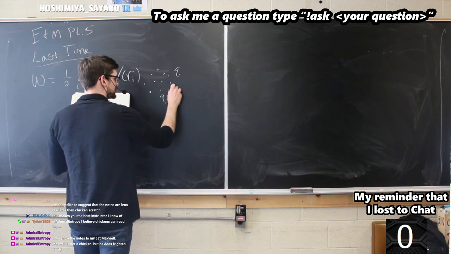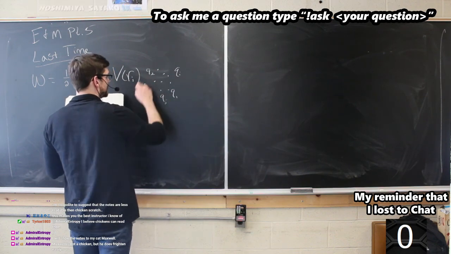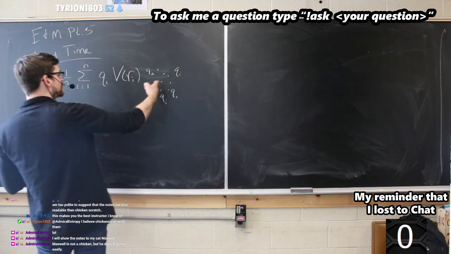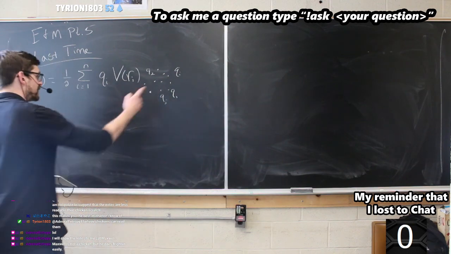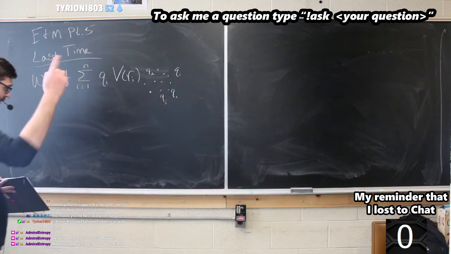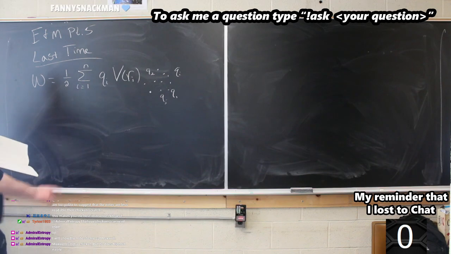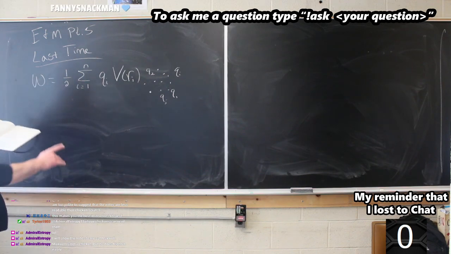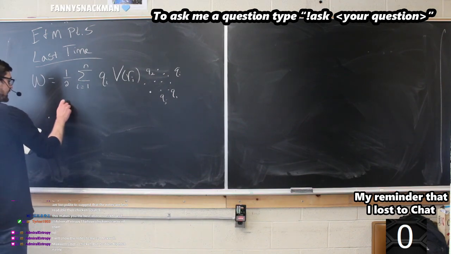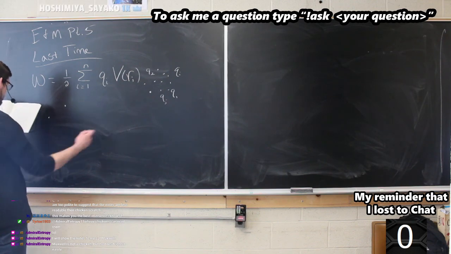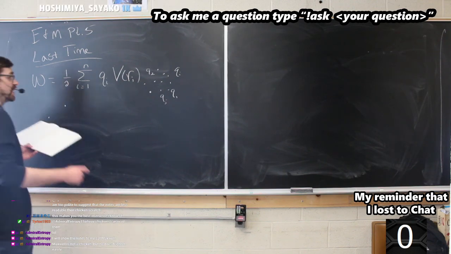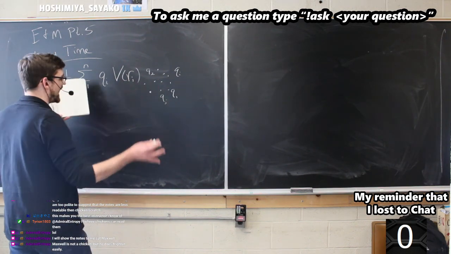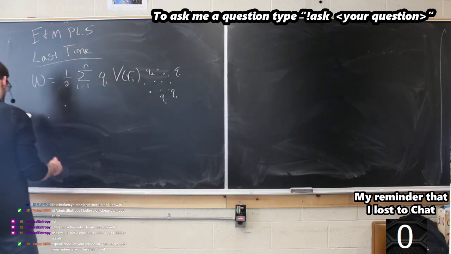If you had a bunch of charges, Q1, Q2, and then you just list it out, we're going to consider basically two charges, Qi and Qj. That was the premise. And we could find the potential of the whole system by considering just a single charge like Qi and then adding all of the charges to it one at a time.